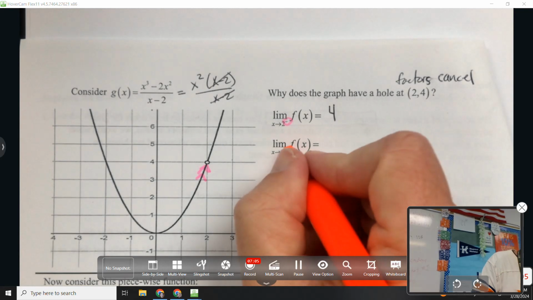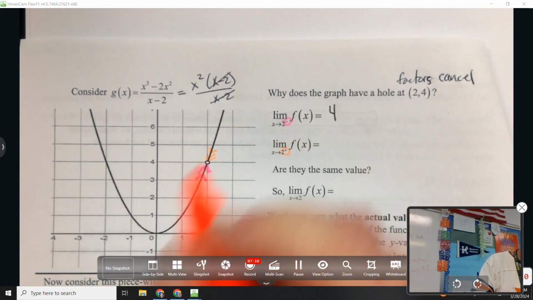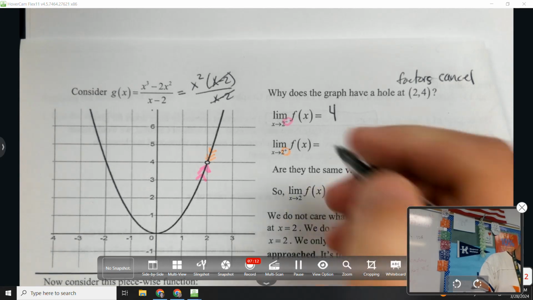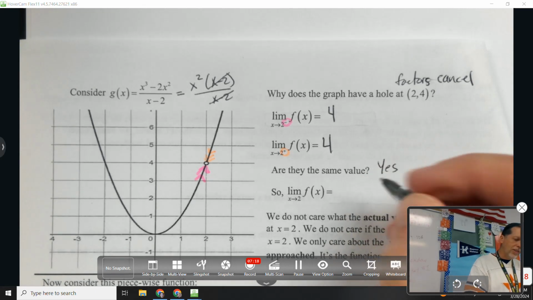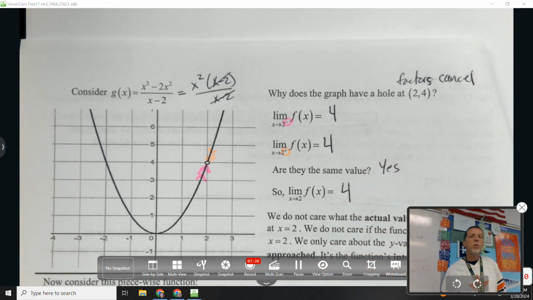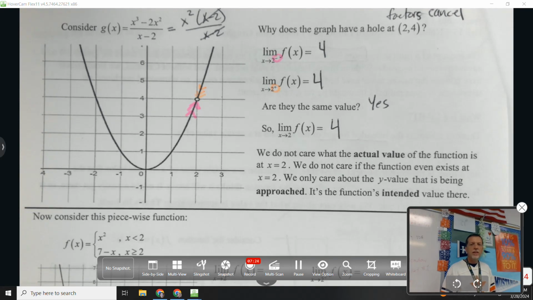Limit means approaching. So we are approaching 4. On the other side, as we come in from the right, we're also approaching 4. Are they the same value? Well, yes. So that means that limit is 4, even though the actual function doesn't even exist there.